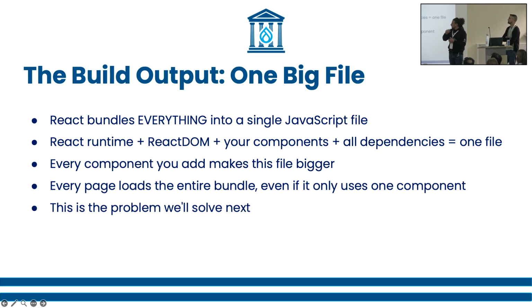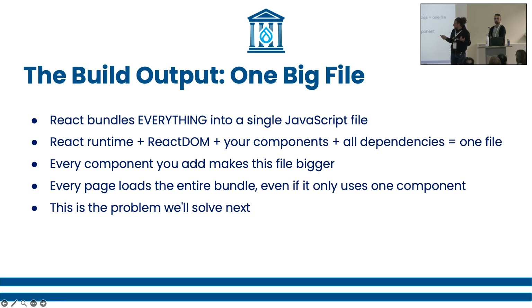So the problem here is that it goes against the single directory component logic of loading the JS file only when it's needed. React gets all the components that you created in React and puts them into one big index file, into one JS file. So this JS file will always be loaded in all pages, even if some part of the JS file is not needed.